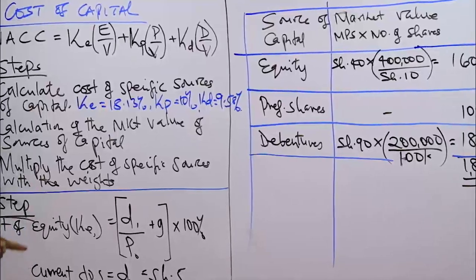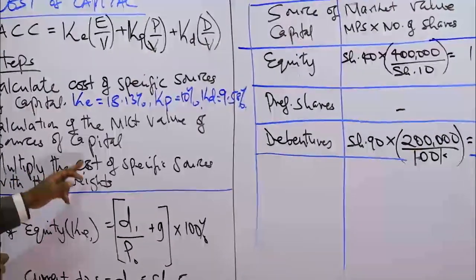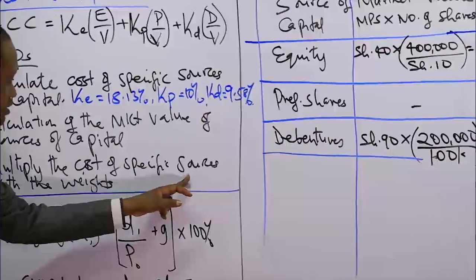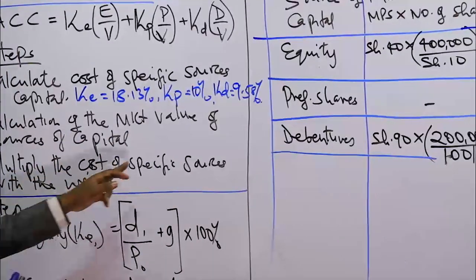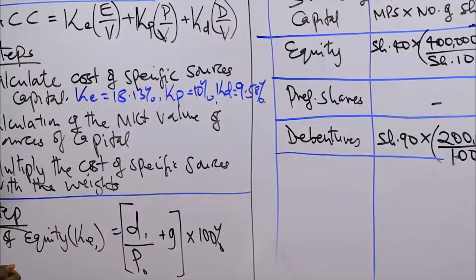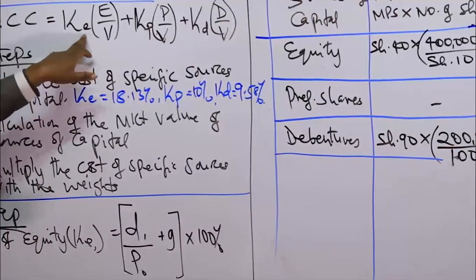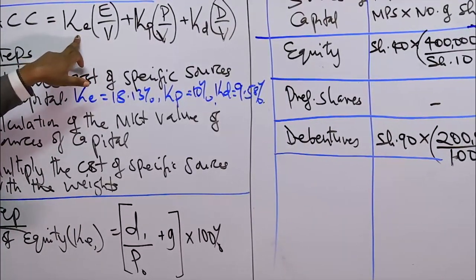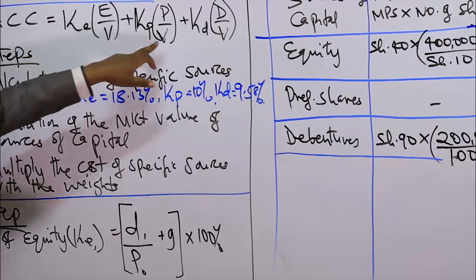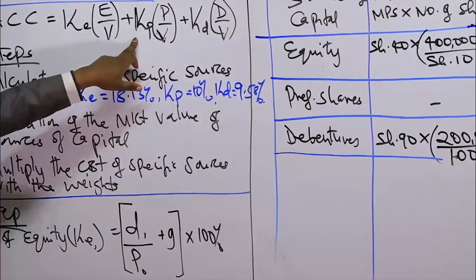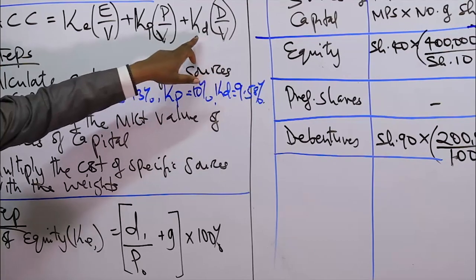Then lastly, multiply the cost of specific source with the weights. Just 2 things. You just need the weight and cost of capital.